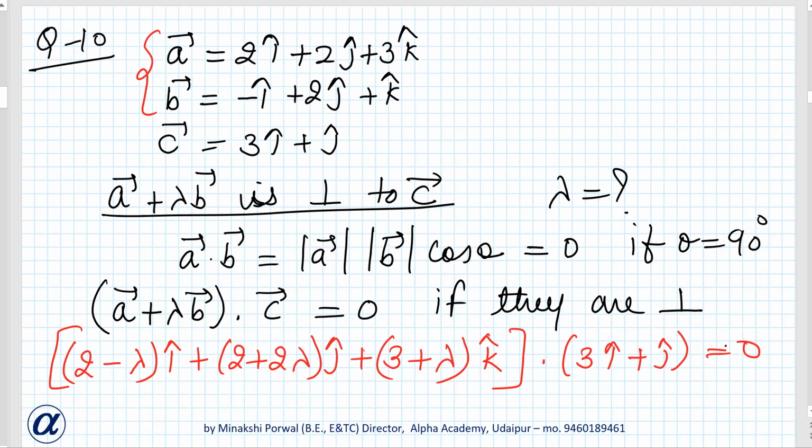So it will be 2 minus lambda into 3 plus 2 plus 2 lambda equals 0.